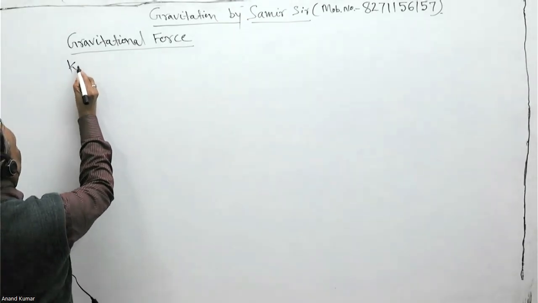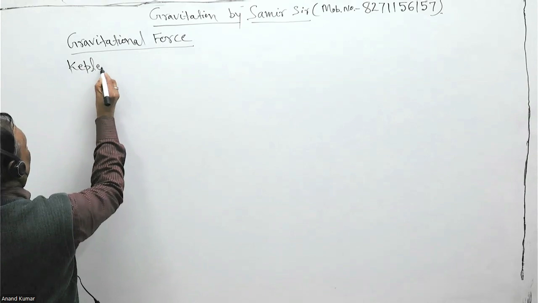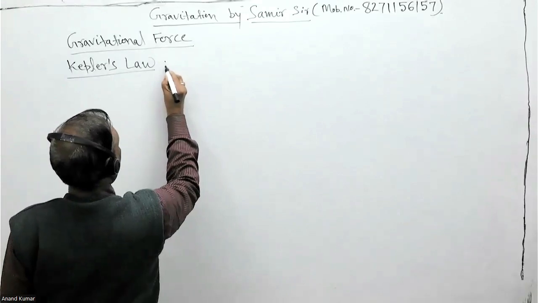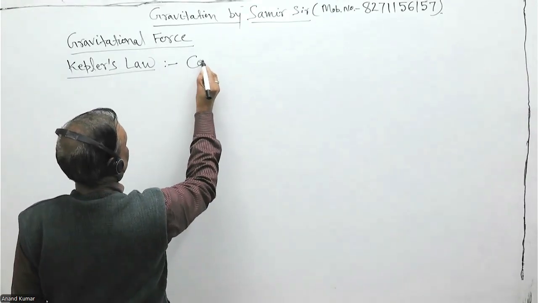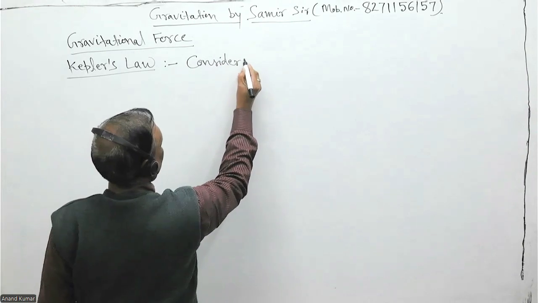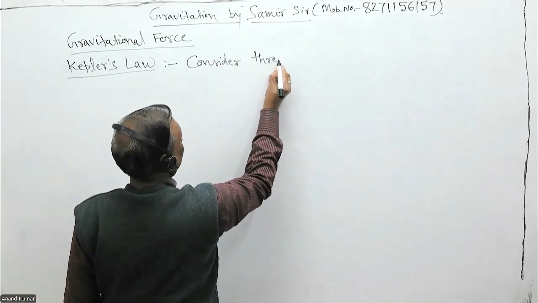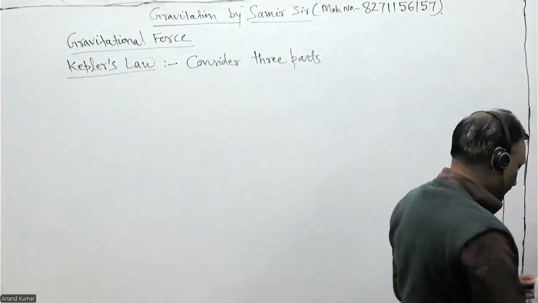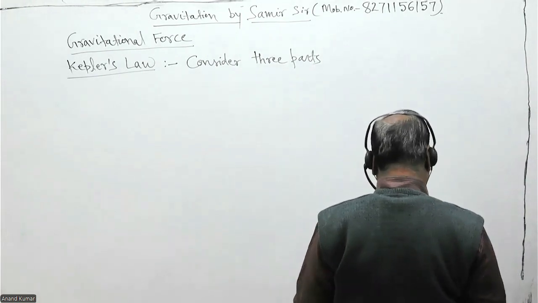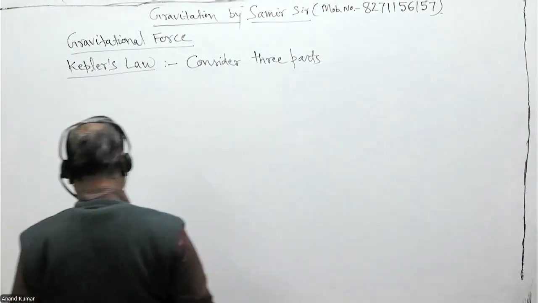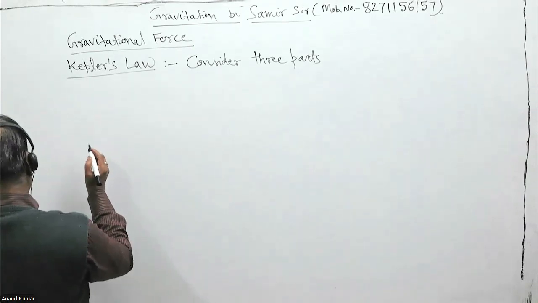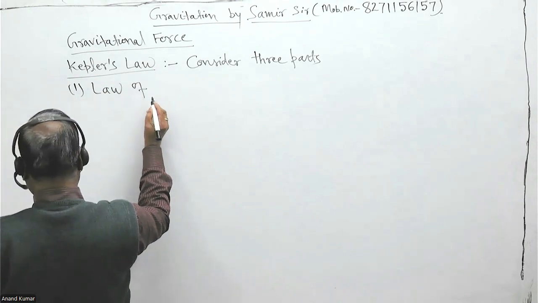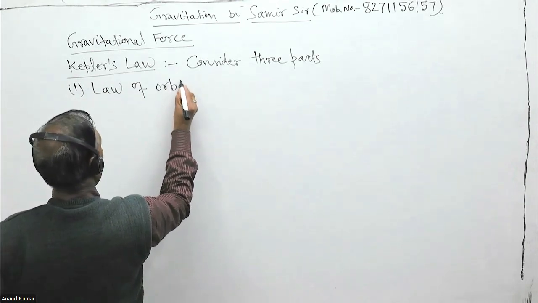In this topic, we are going to discuss Kepler's law. Kepler's law is considered in three parts. The three parts are: first, law of orbit.